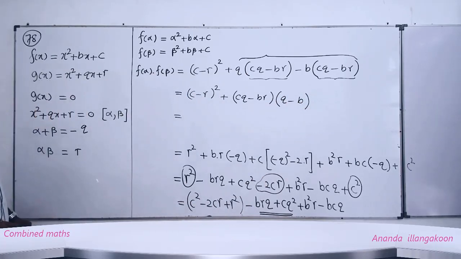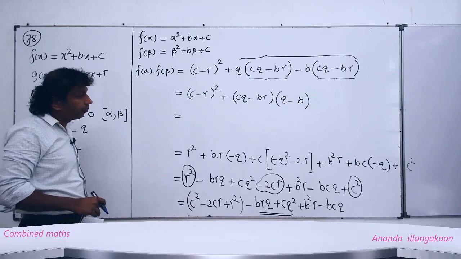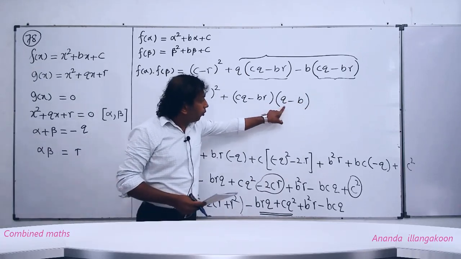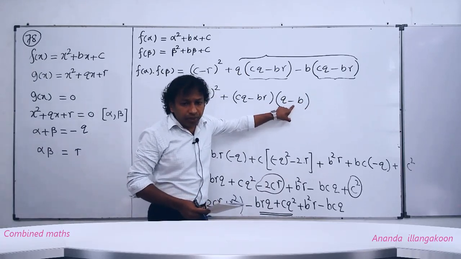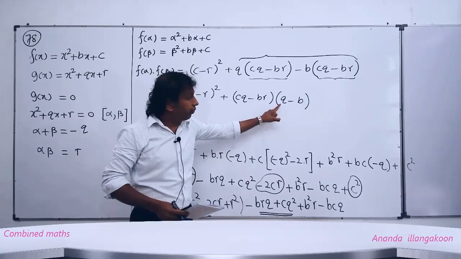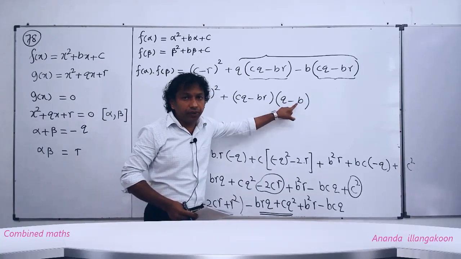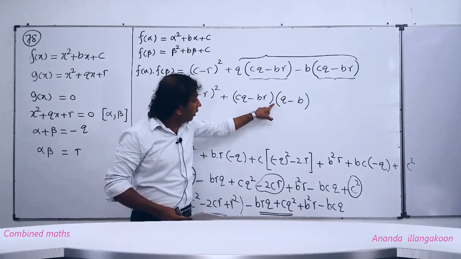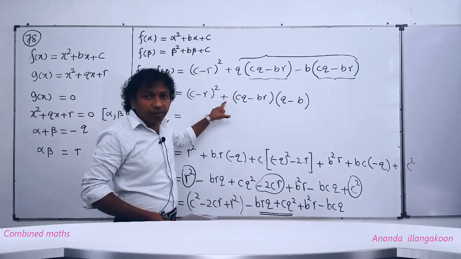Right, people, now what I do is this. From this bracket, I take the minus sign out. Once you take the minus sign out, this order will be B minus Q. That minus sign here and this we can multiply, we get minus here.